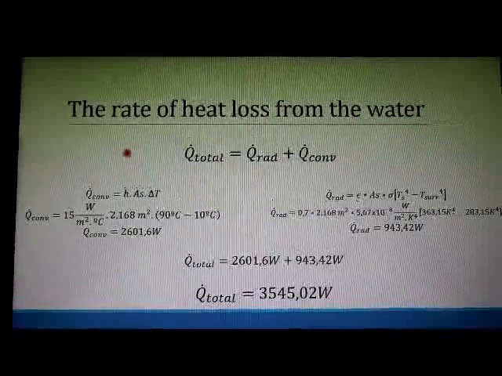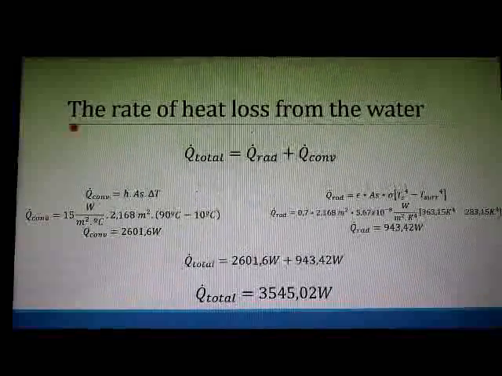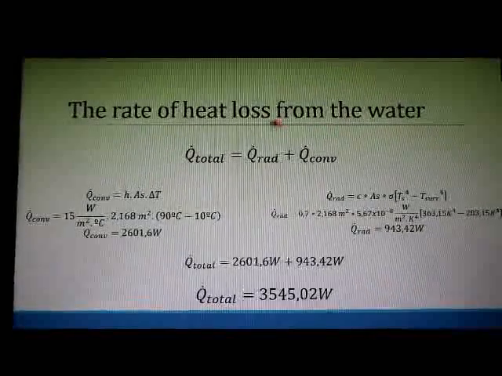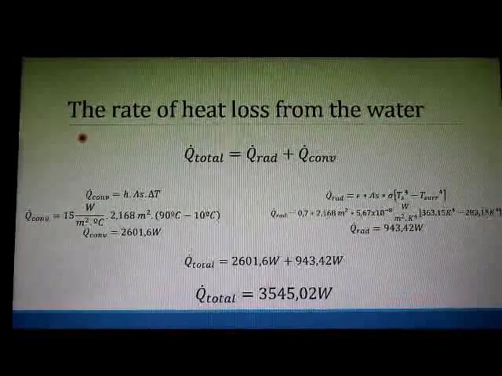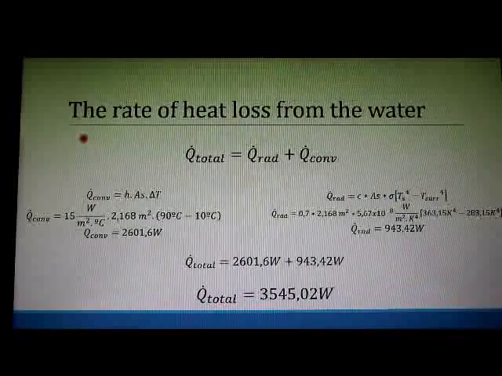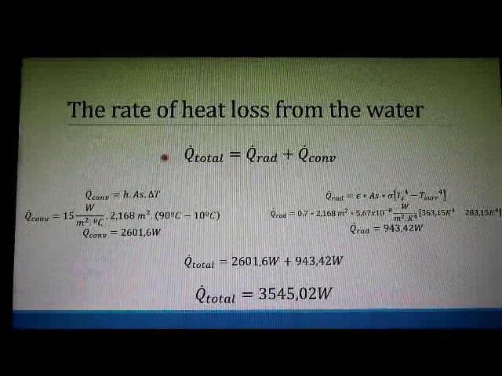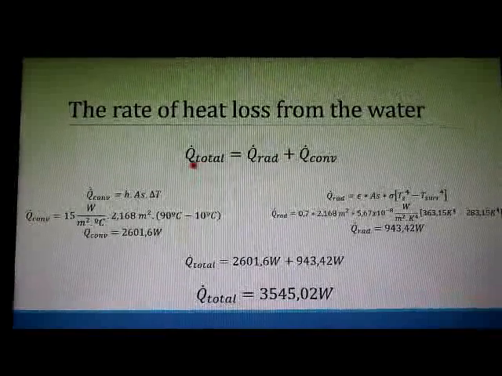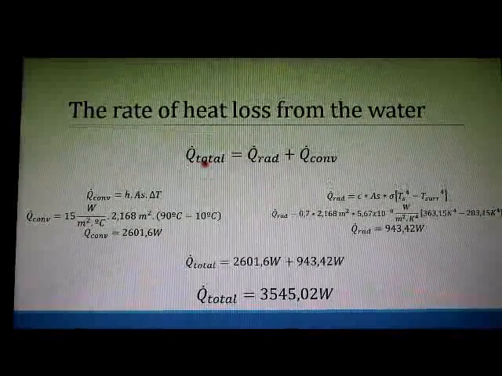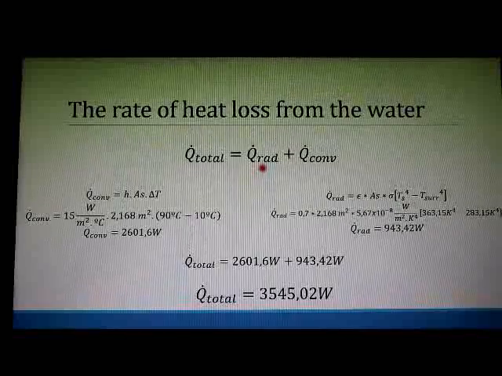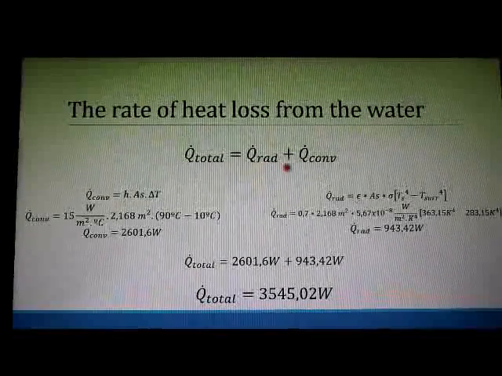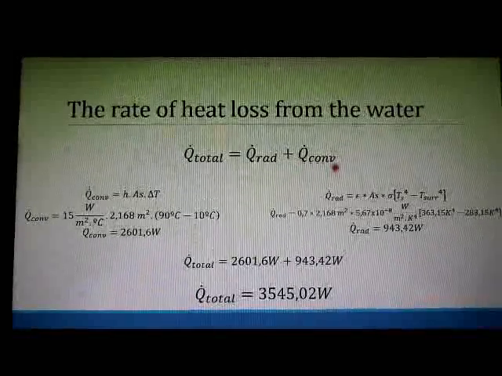When we already have all this, now we're going to find the rate of heat lost from the water. This is the first question that we are going to answer. We know that the heat transfer is the transfer by radiation and the transfer by convection.